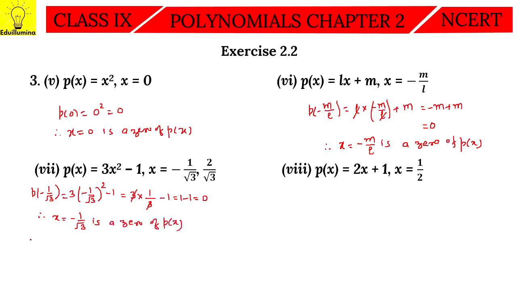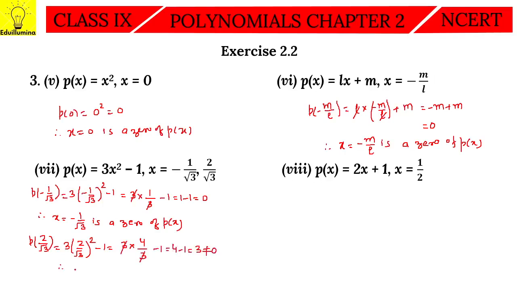And second number is x equal to 2 upon root 3. Now we will put x equal to 2 by root 3. So 3 into 2 upon root 3 whole square minus 1. 3 into 2 ka square is 4, and root 3 ka square is 3, minus 1. 3 cancelled out, 4 minus 1 equals to 3, and this is not equal to 0.